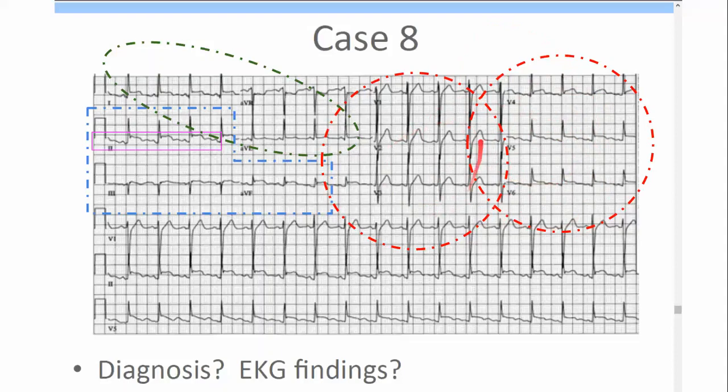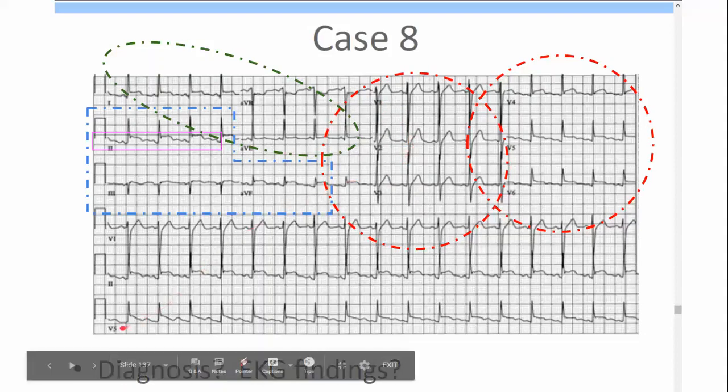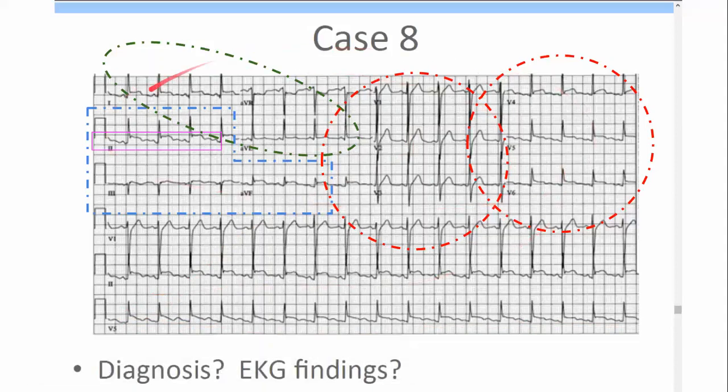And we're trying to figure out what's going on here in V1, 2, and 3. So not as pronounced in V1, 2, and 3 as V4, 5, and 6, but we see it pretty much through the rhythm strips down here. So there's a whole bunch of ST elevation everywhere. You think, is he having a heart attack everywhere?